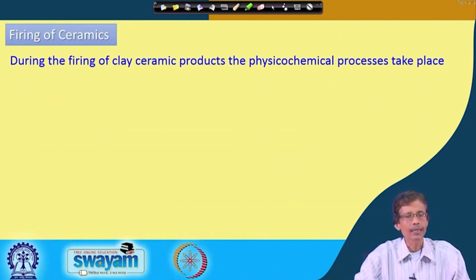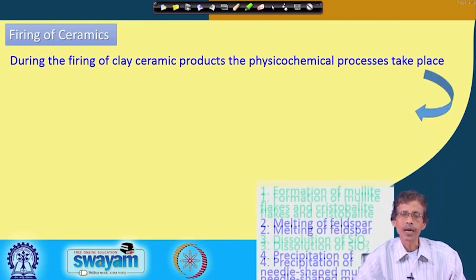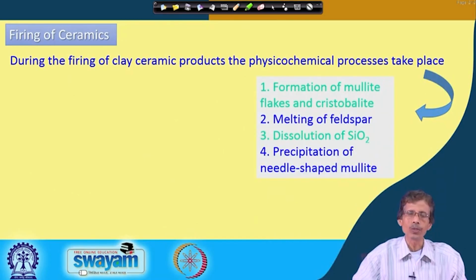So during the firing of clay ceramic products, physiochemical processes can take place. Depending on the different types of materials, during the firing process there is the formation of mullite flakes and cristobalite.